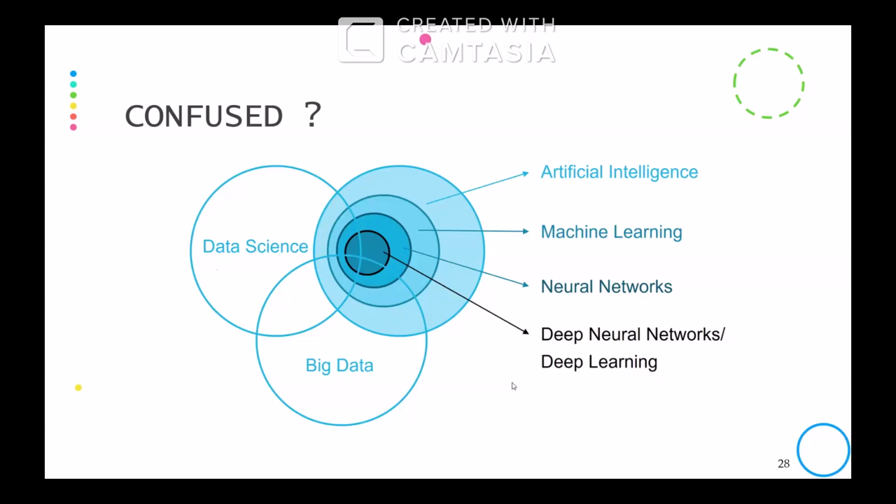If you use that technique for building AI models, it is called artificial neural networks. And when a specific way of building artificial neural networks becomes deeper, it becomes deep neural networks. If you do any task with a deep neural network, it is called deep learning.